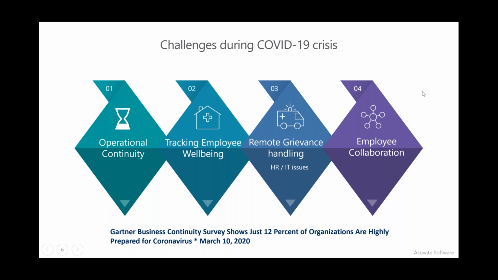Grievance handling, especially when it comes to IT and HR issues, is very important. It's very important for an organization to be able to ensure that any kind of employee grievances can be handled effectively, as most employees are remote, and so are the support functions, be it from HR or IT as well.